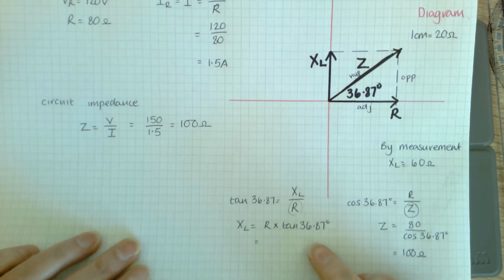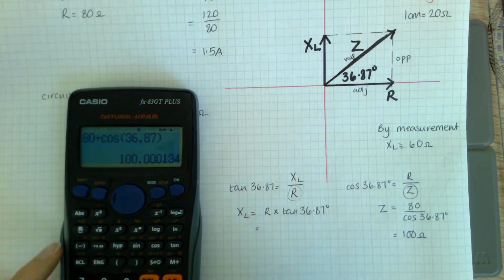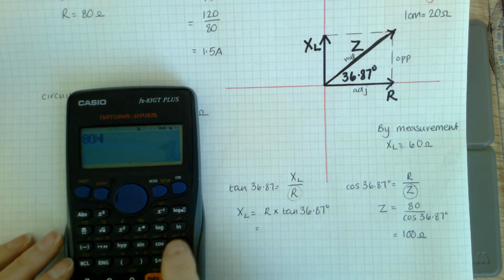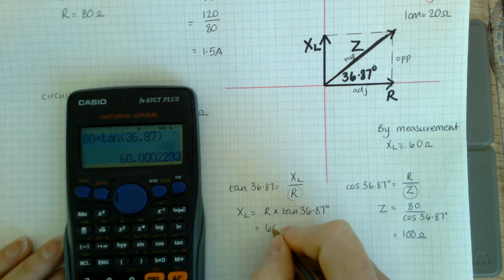If your trigonometry is not that strong, this might be something that you want to go back and have a look at. So your R is your 80 times tan 36.87, and that gets me 60 ohms.